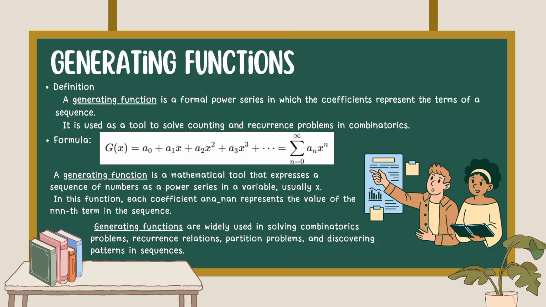Formula: a generating function is a mathematical tool that expresses a sequence of numbers as a power series in a variable, usually x. In this function, each coefficient a_n represents the value of the nth term in the sequence. Generating functions are widely used in solving combinatorics problems, recurrence relations, partition problems, and discovering patterns in sequences.